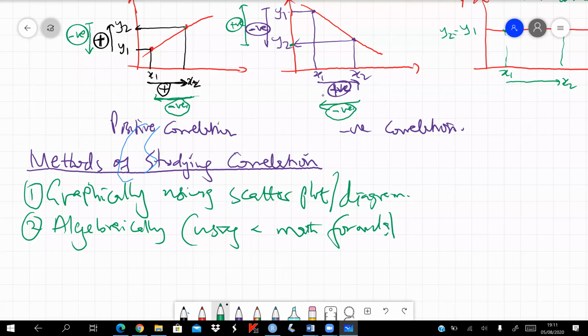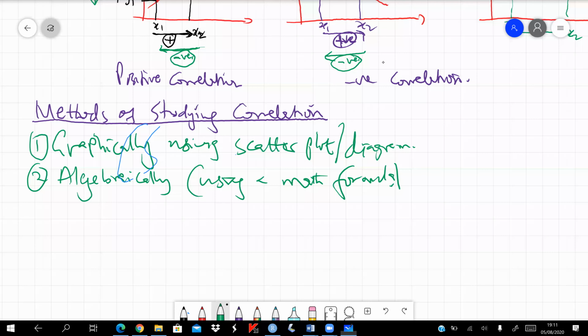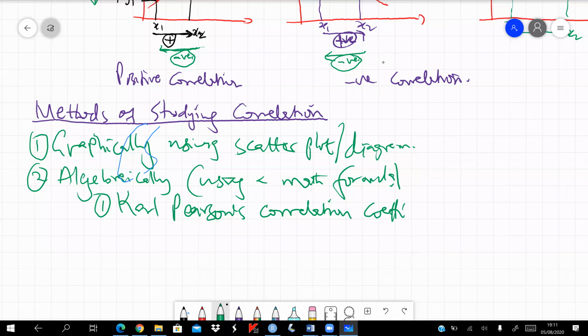There are various formulas or algebraic methods that can be used. In this class, we shall focus on two of them: number one, Pearson's correlation coefficient, and number two, Spearman's rank correlation coefficient.